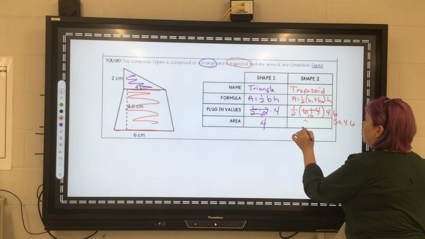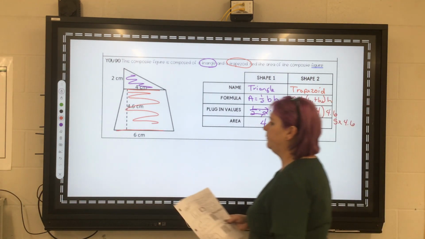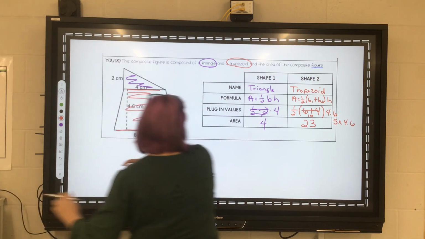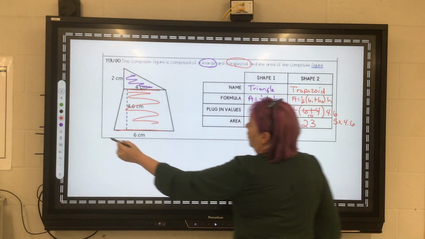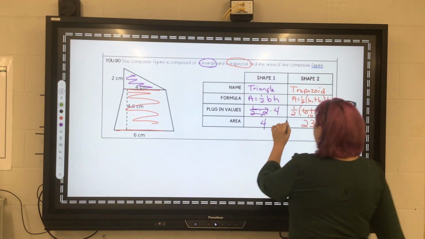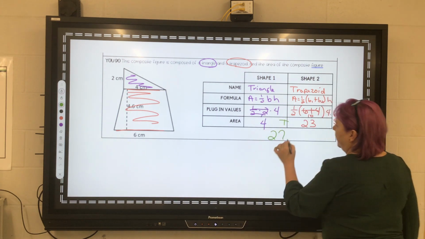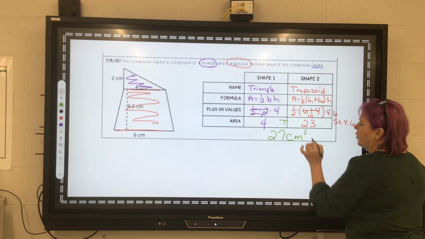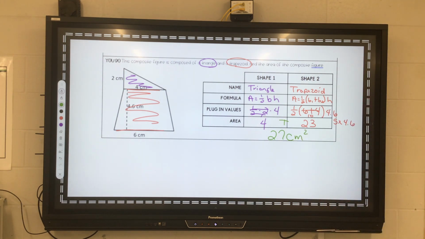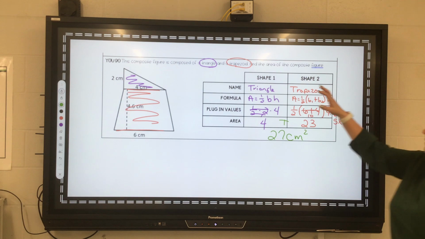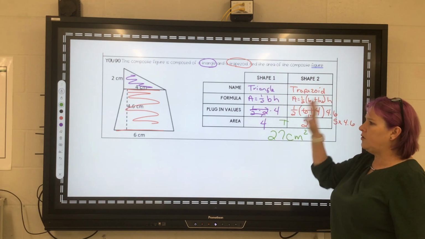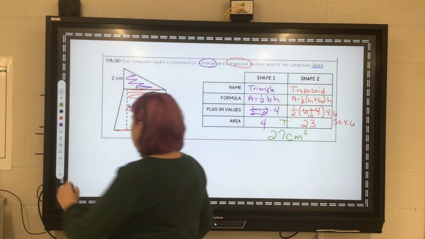And we get 23. And so when I do the whole thing, I'm going to add them two together and I get 27 centimeters squared. So it's not hard, it's just you have to take the time to do the steps.